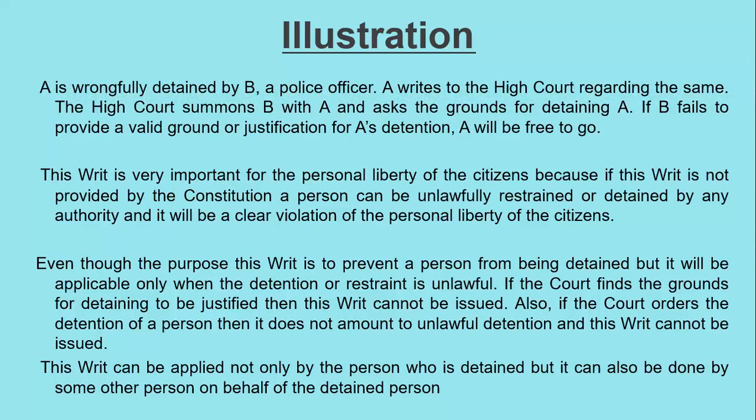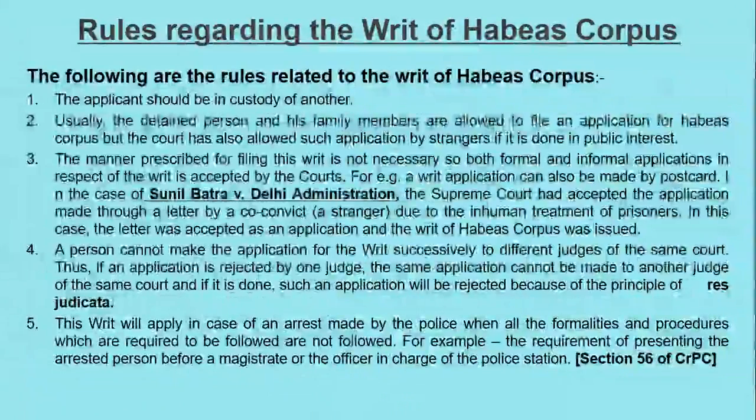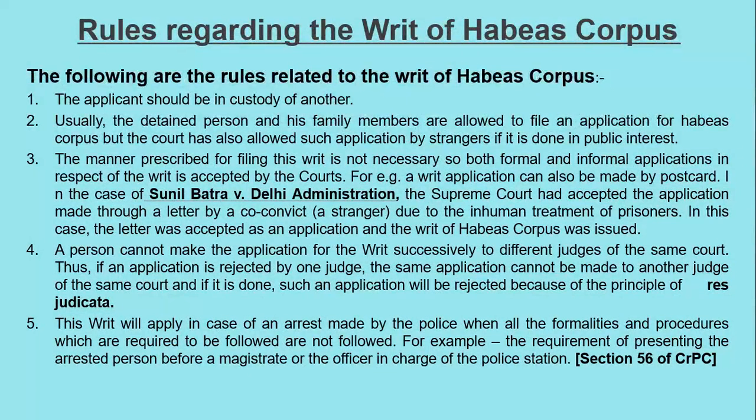Okay, so there are some rules regarding the writ of habeas corpus. The applicant should be in custody of another. Usually the detained person and his family members are allowed to file an application for habeas corpus, but the court has also allowed such applications by strangers if it is done in public interest.